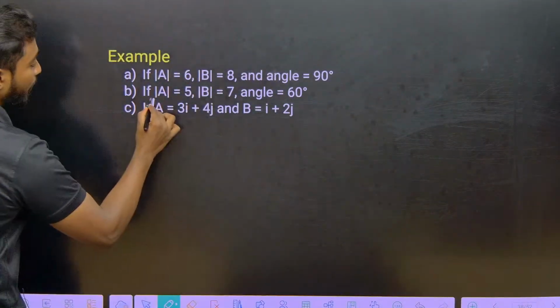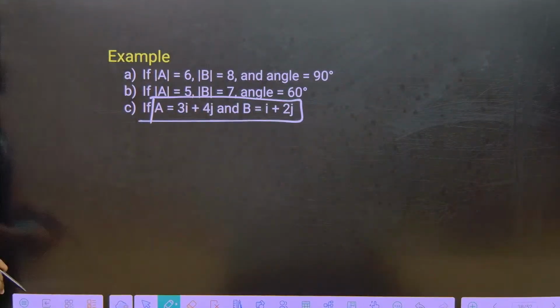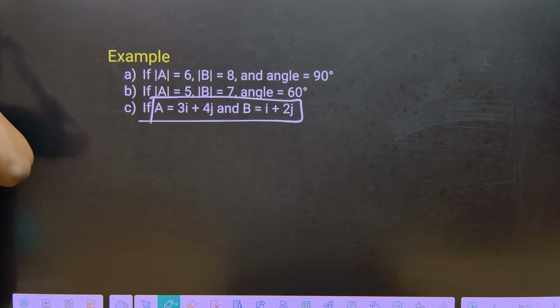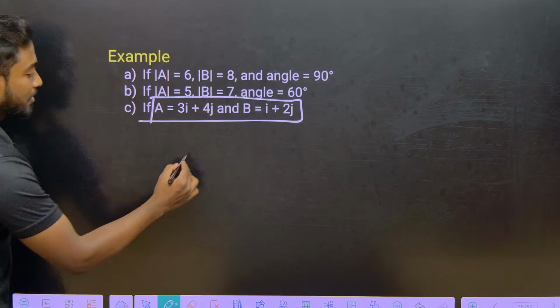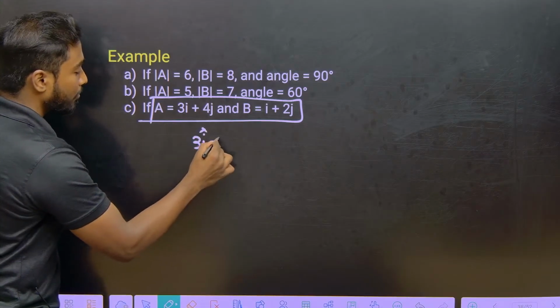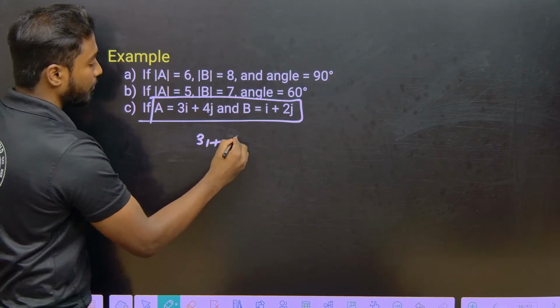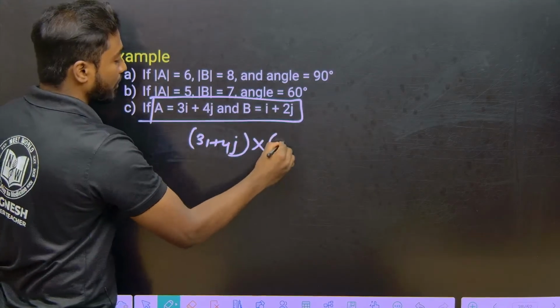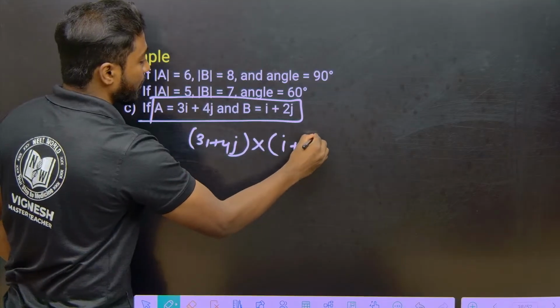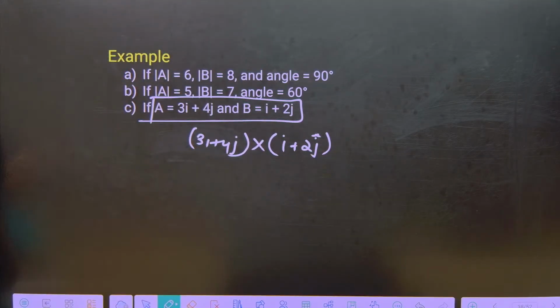Can you give the cross product of this, A cross B? Cross product. 3i plus 4j cross i plus 2j. So x plus y, x plus y.